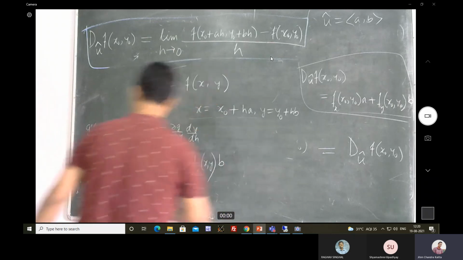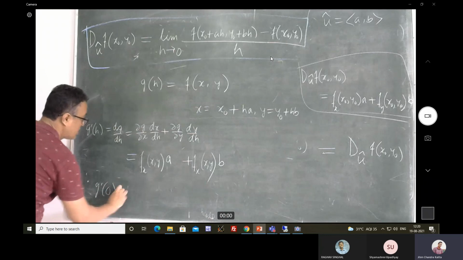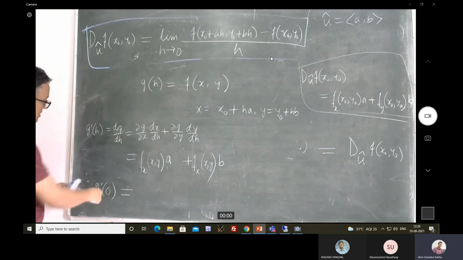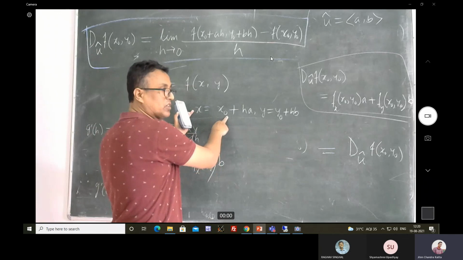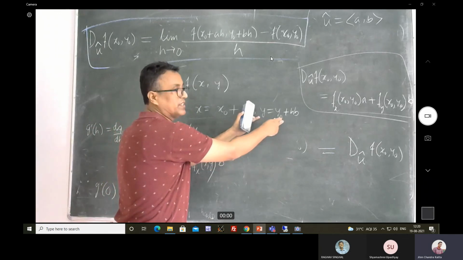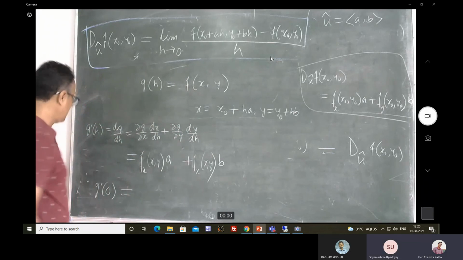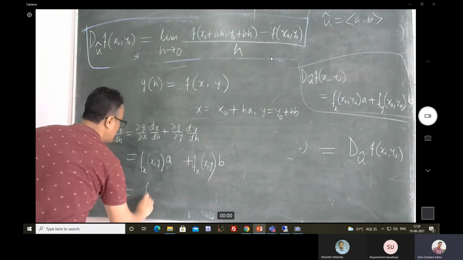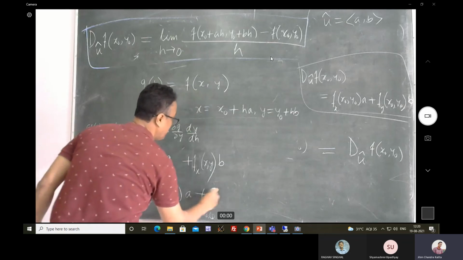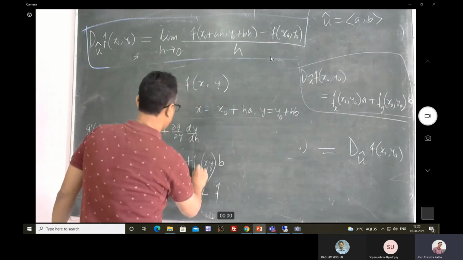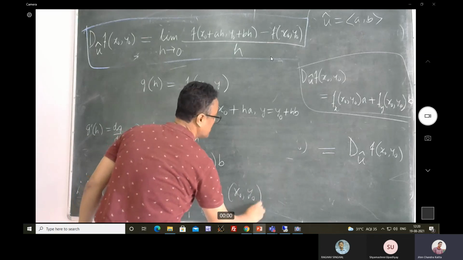Okay, so now, therefore, your g prime 0: when h equals 0, x becomes x naught, y becomes y naught, isn't it? Right? So that is why g prime 0 is simply f_x at (x naught, y naught) times a plus f_y at (x naught, y naught) times b.